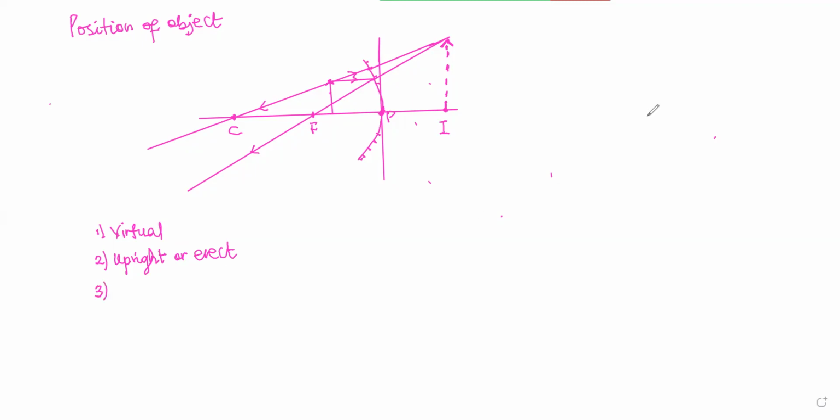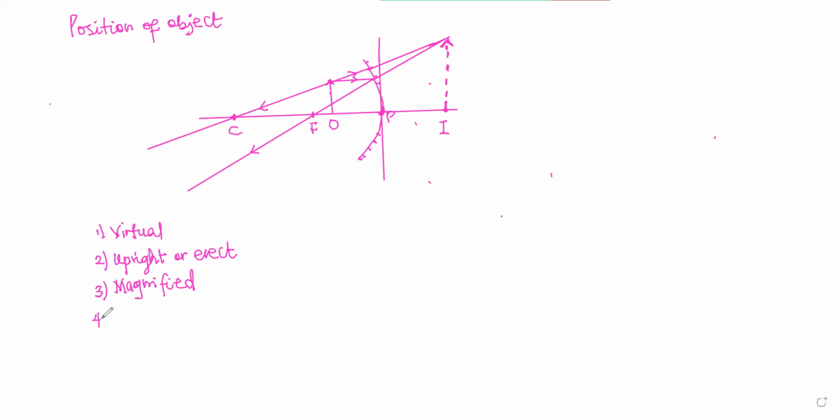Three, image is magnified. When you look at image size and object size, the image is larger than the object. So image is magnified.